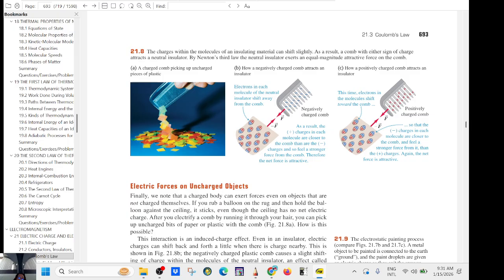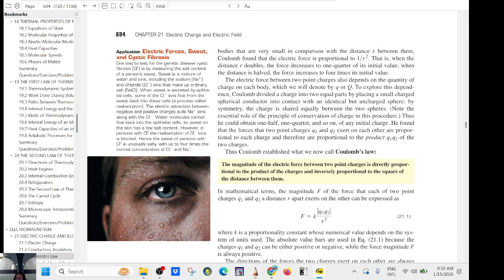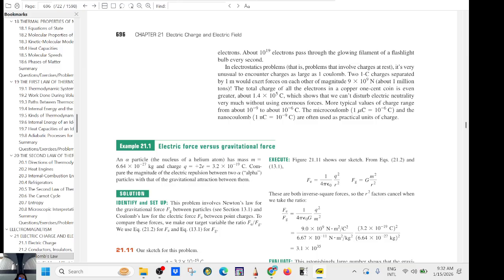That means all those little molecules can be squeezed: the plus goes here, and the minus goes in the opposite direction. This is called polarization. It's very important to understand dielectrics. And this is the best, really, if you want to get deeper, which you should.